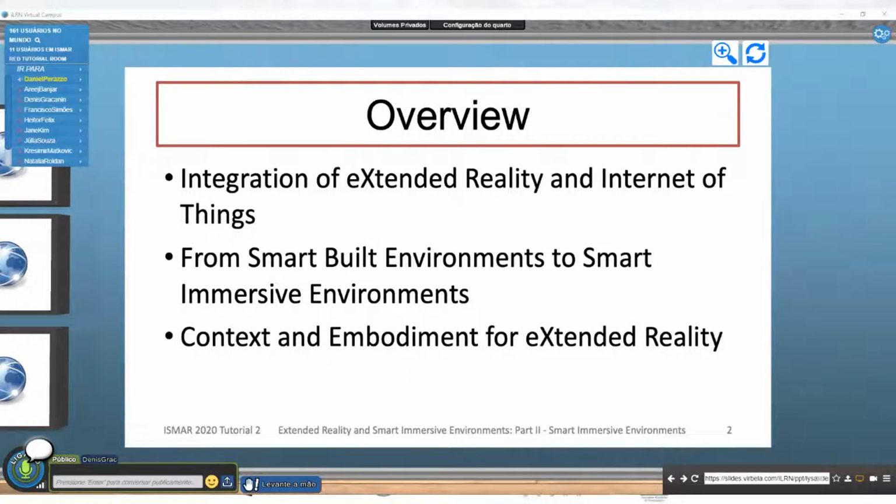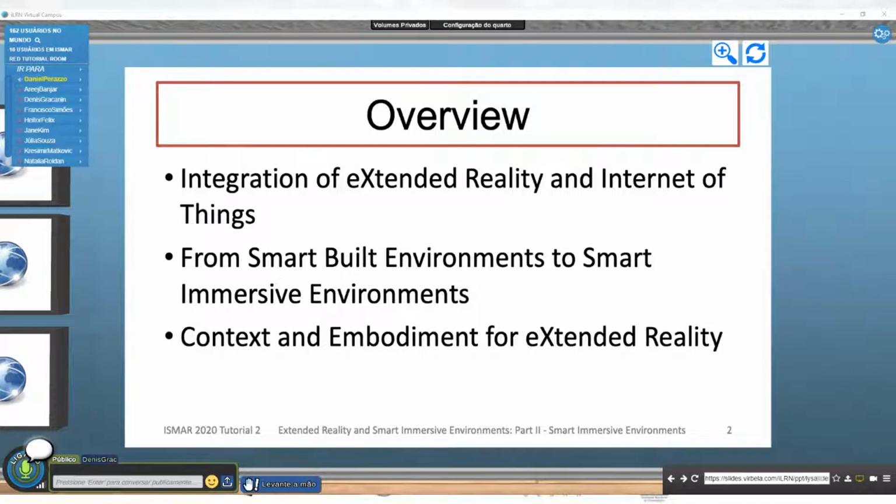First, about integration of extended reality and Internet of Things. Second, how do we go from smart built environments to smart immersive environments? And then talk a little bit more about context and embodiment for extended reality through an example.